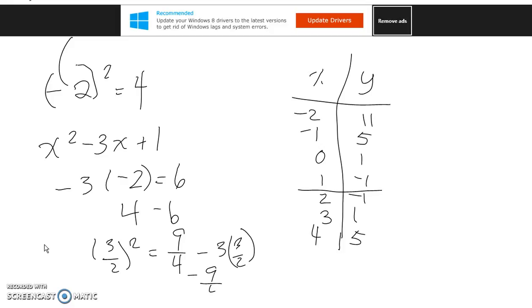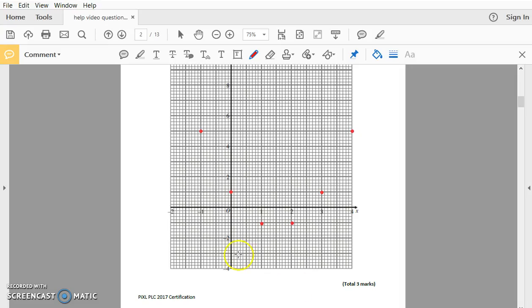Minus 9/4 plus 4/4 leaves me with an answer of minus 5/4. So 1.25, basically. So I can plot my point here at 1.25. I've got 1, 2, 3, 4, 5, which means that I'm going to go down 1 and a bit.